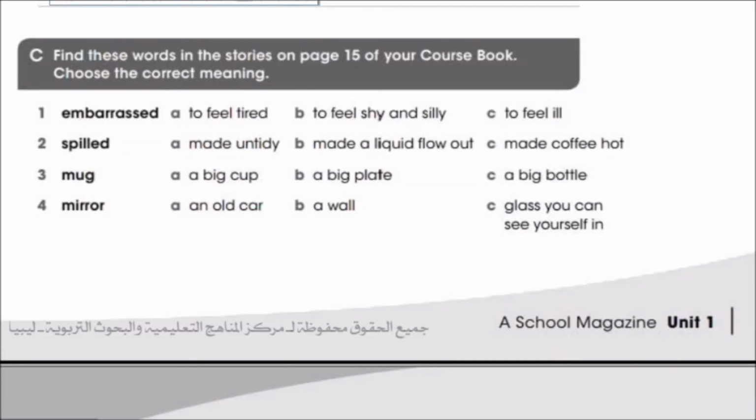In question C, find these words in the stories on page 15 of your course book. Choose the correct meaning. You have 4 words, and you have 3 options for each word. Let's start with word number 1. Embarrassed. Which one do you think it is?